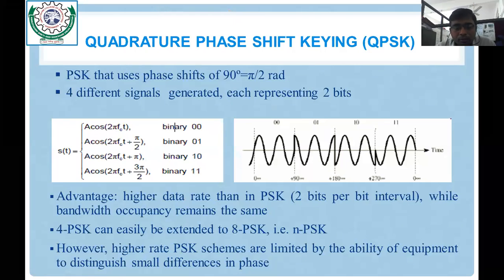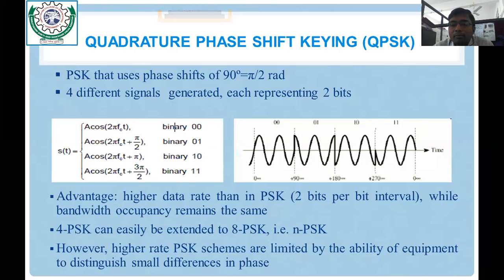In general, the phase shift keying technique uses a phase shift of 90 degrees, and four different signals are generated. To generate four different signals, you have to combine 2 bits: 00, 01, 10, 11.